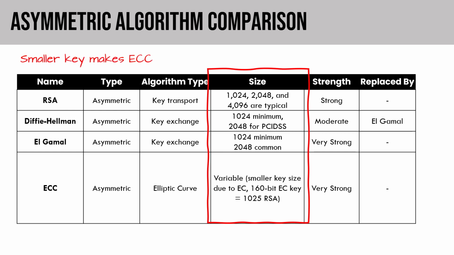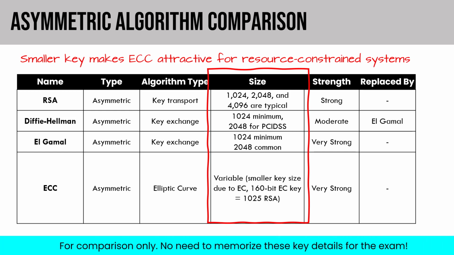So algorithms for similar uses. The smaller key makes ECC attractive for resource-constrained systems. You'll see there that it's a 160-bit ECC key. This chart's just for comparison only, just to show you that relative size difference. No need to memorize these details for the exam.